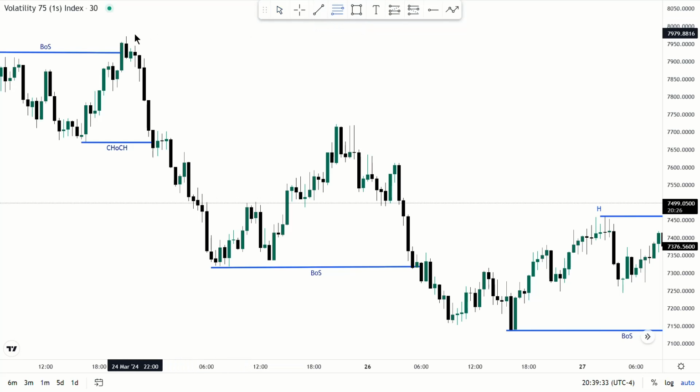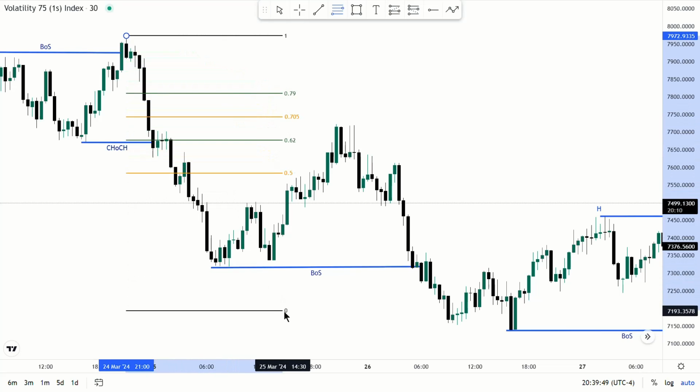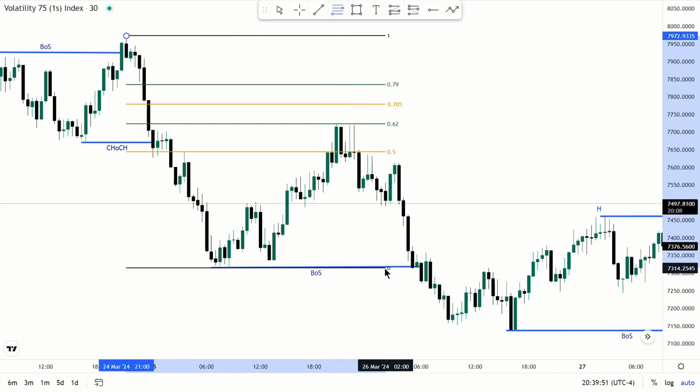From your high, this is a change of character, and this is the low, because it took out this inducement here, so this was confirmed as a low. Then you draw it all the way to that low there.